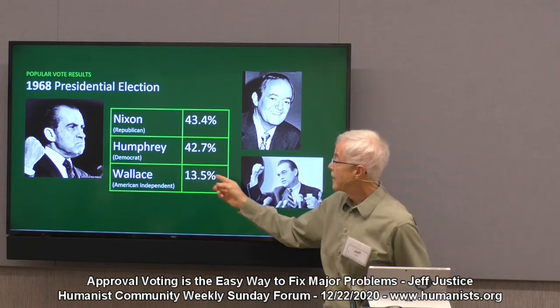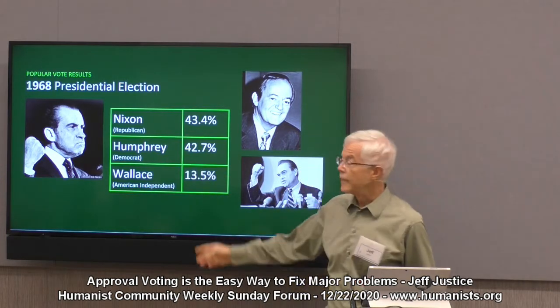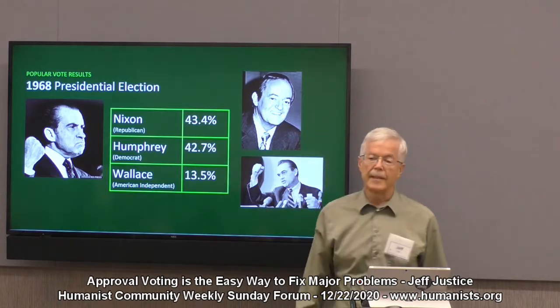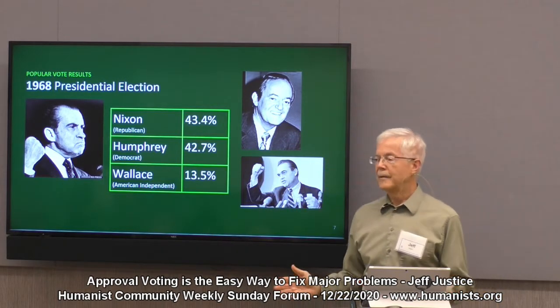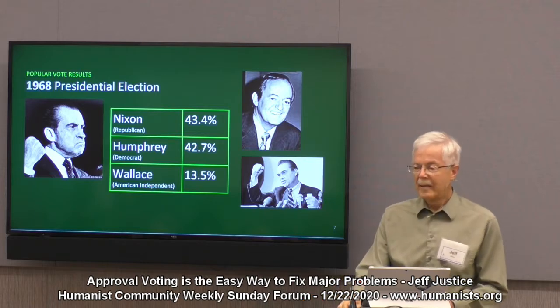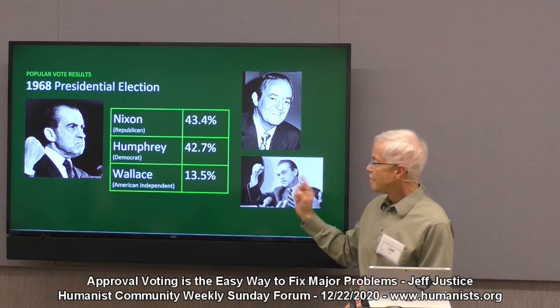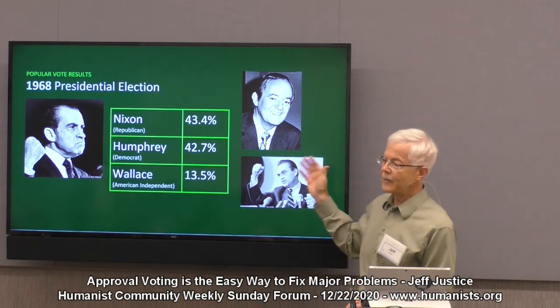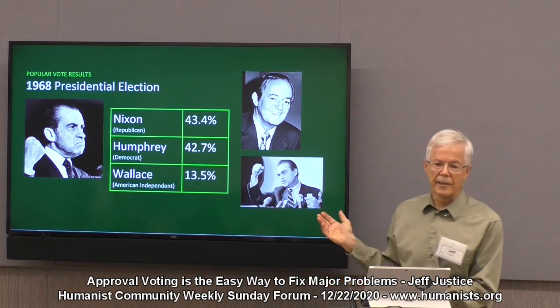And he takes enough votes so Hubert Humphrey no longer wins the South, and that's enough to push Nixon over the top. So it's sort of a spoiler, sort of a split. But the other thing it illustrates is the response of the electorate to this sort of situation.